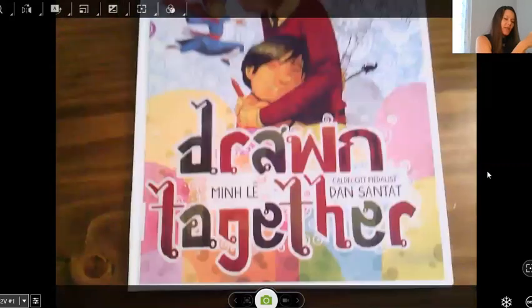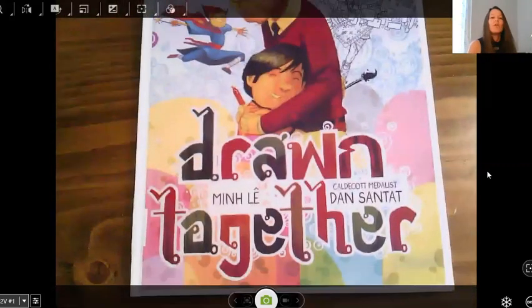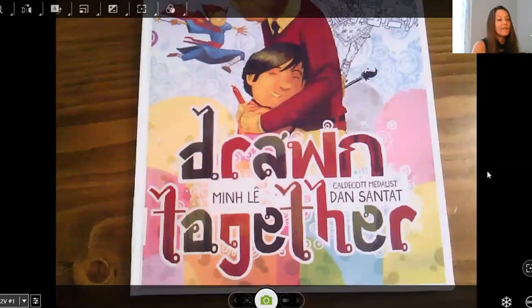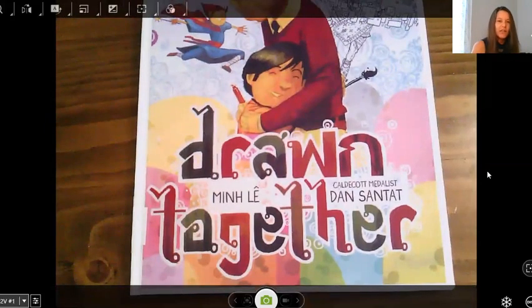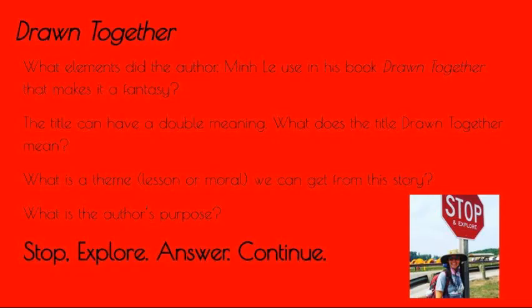So, your job right now is to tell me, why is this a fantasy? What are the elements of the genre that make it a fantasy? Drawn Together. What elements did the author, Ming Lei, use in the book Drawn Together that makes it a fantasy?